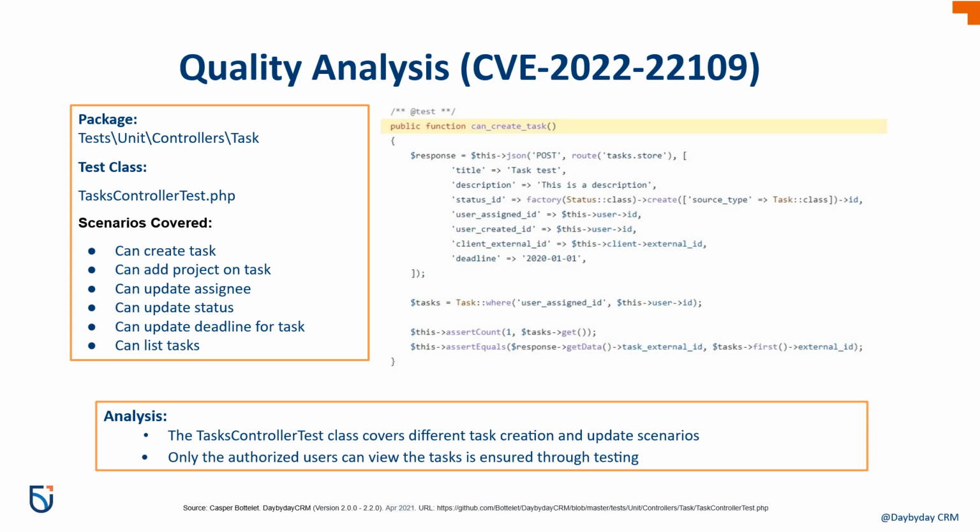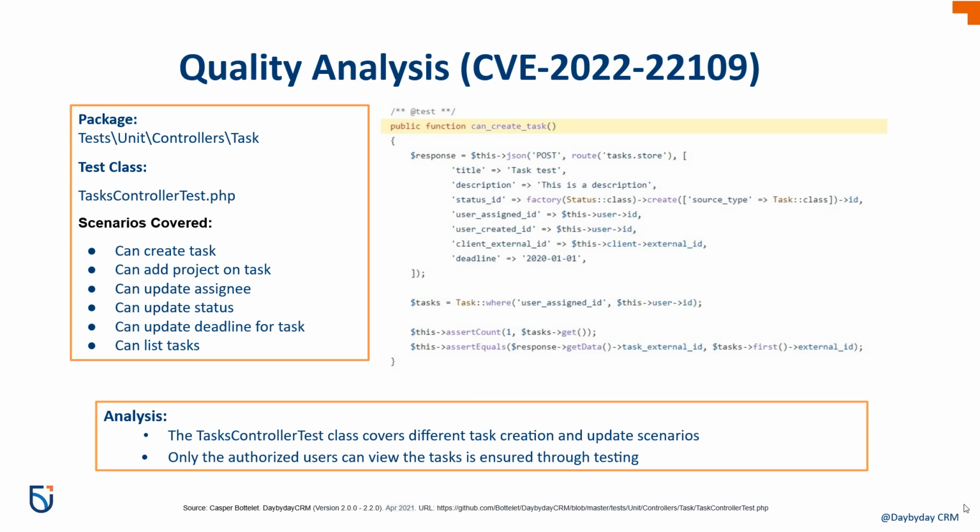So from a quality analysis perspective, as you can see, within the tax controller's test, a couple of scenarios have been tested to ensure that the fixes are actually adequate in remediating the identified vulnerability. So scenarios like creating new tasks, adding projects on task, updating assignee, updating status, deadlines for tasks, and listing new tasks.